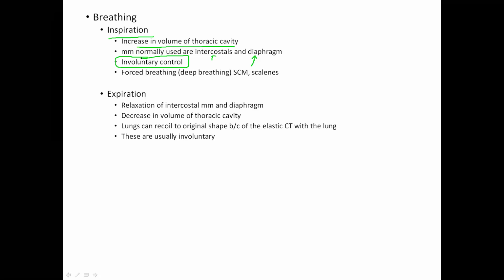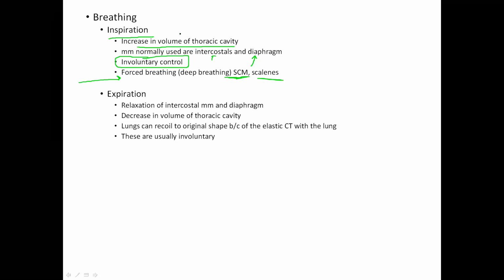Accessory muscles would be your sternocleidomastoid and your scalenes. These are muscles you would recruit. They're known as accessory muscles, not considered part of involuntary control.